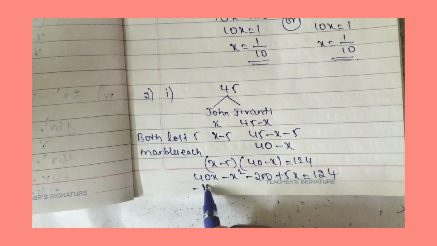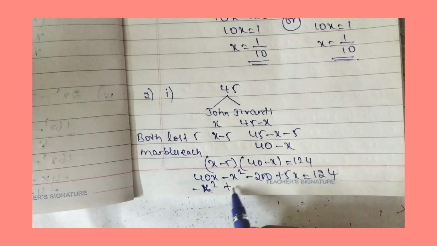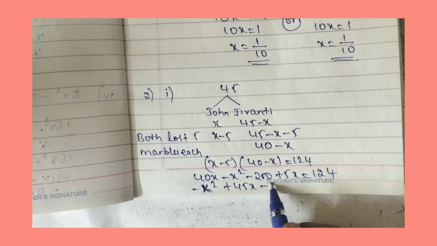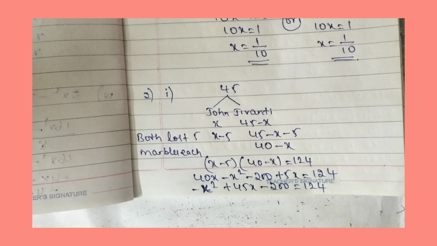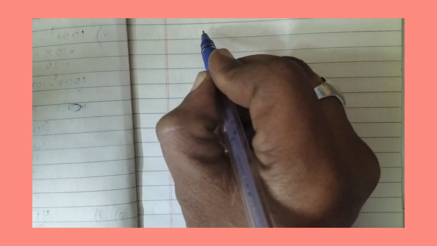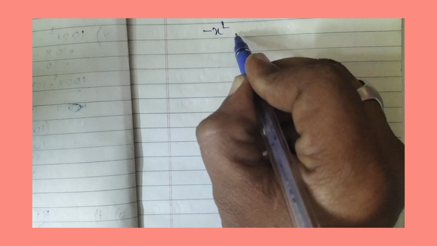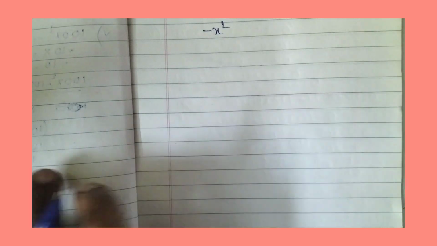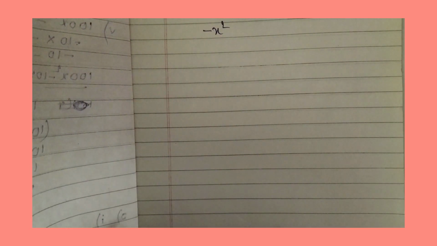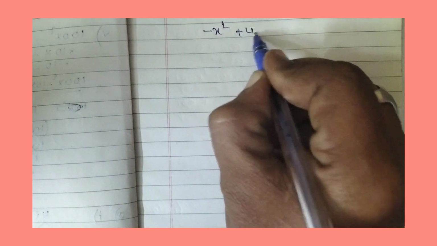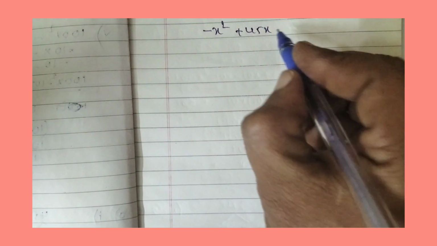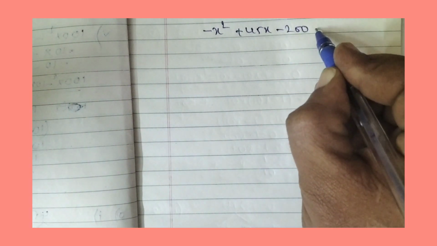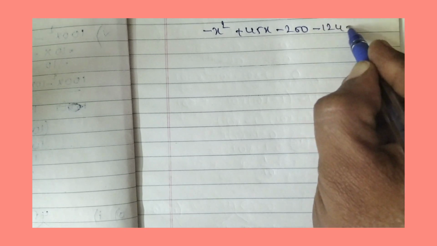So −x² as it is, 40x plus 5x is 45x, minus 200 is equal to 124. So −x² + 45x − 200 − 124 = 0.